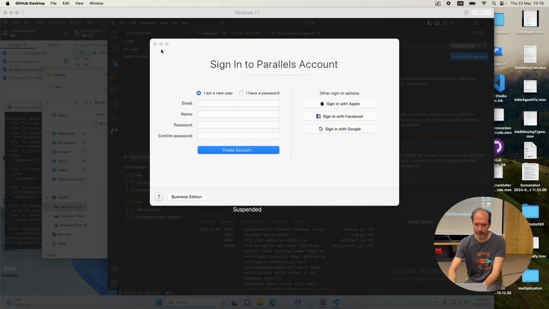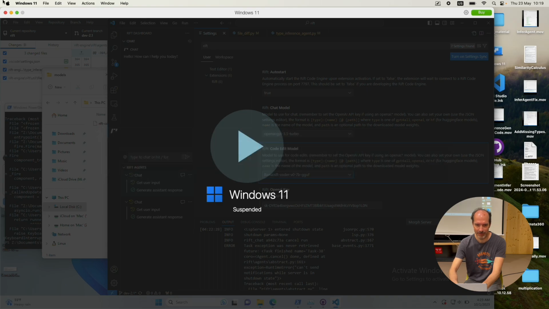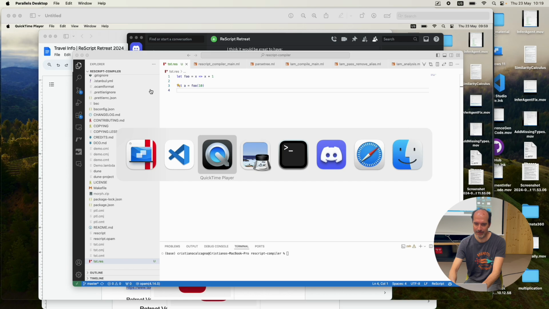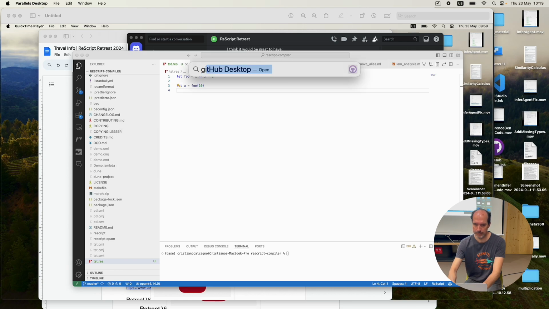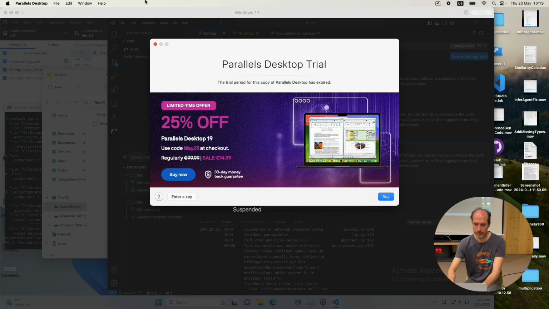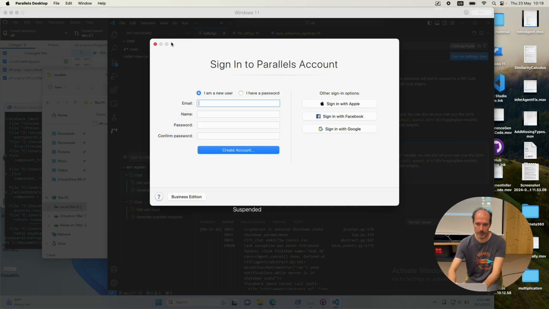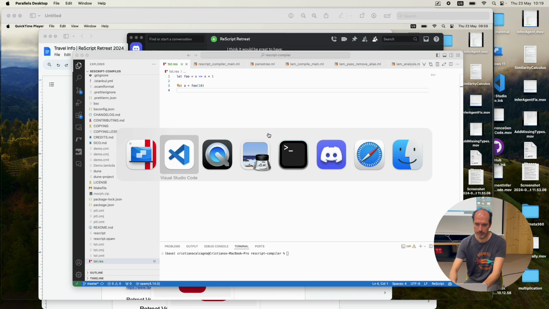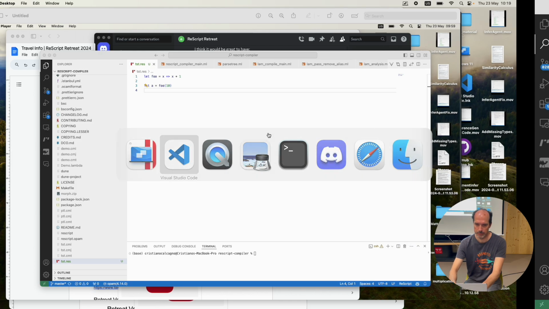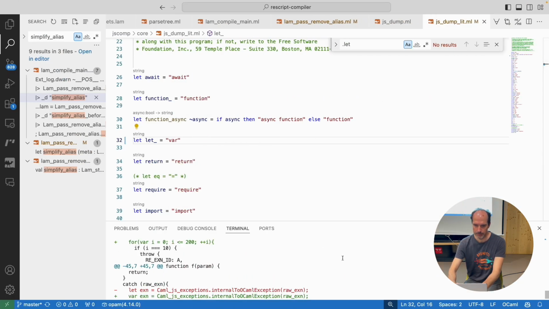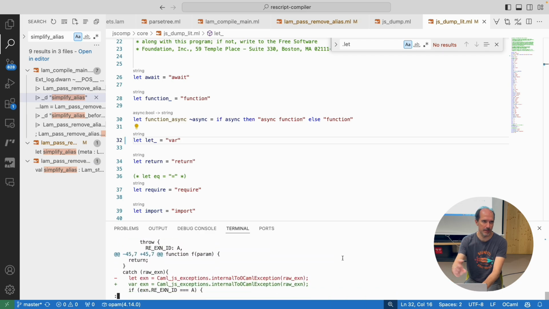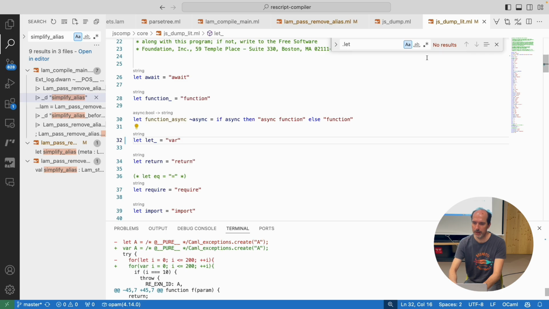So anyhow, this was doing kind of the inverse transformation, printing let instead of var.